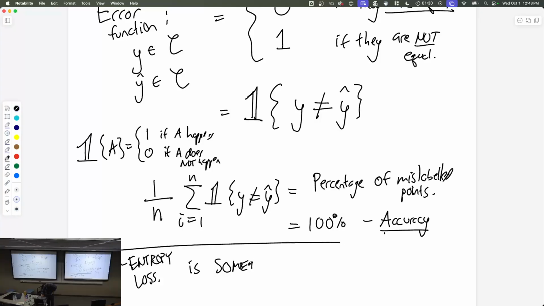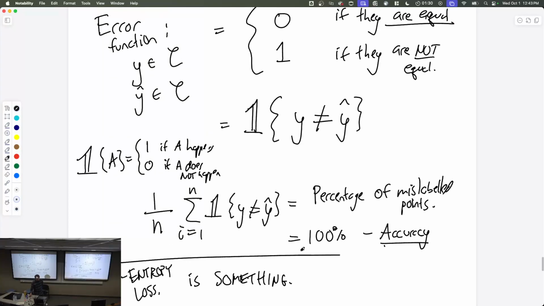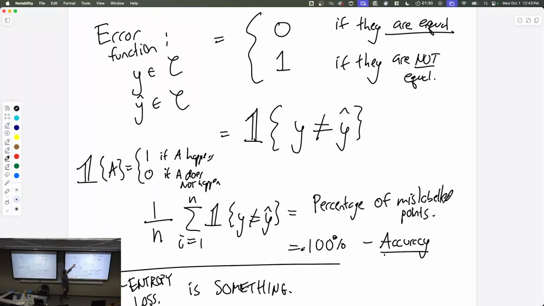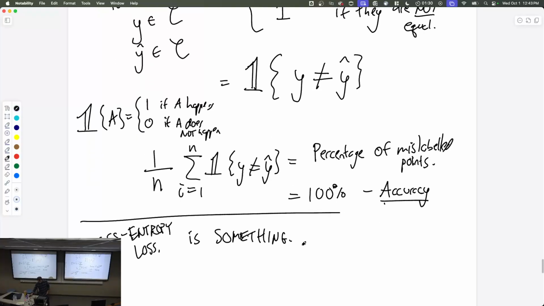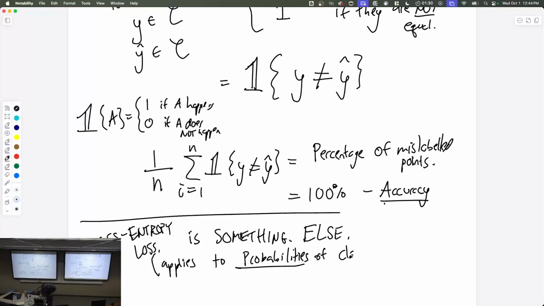The important thing in cross-entropy loss is that you have not estimated one particular class. You have a probability distribution over classes. And we will do this later, but don't mix these up. It applies to probabilities of classes, not classes. Okay, and we'll see that later.